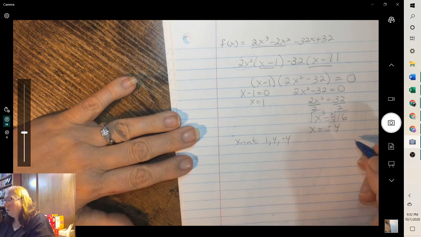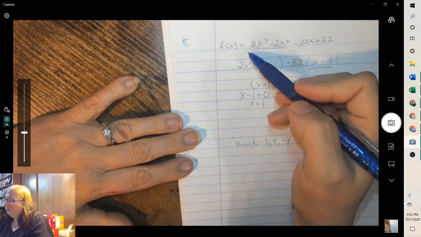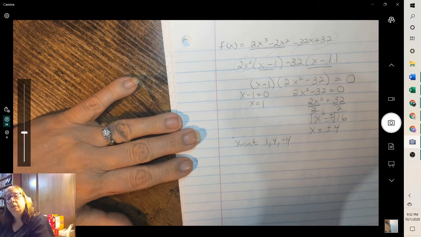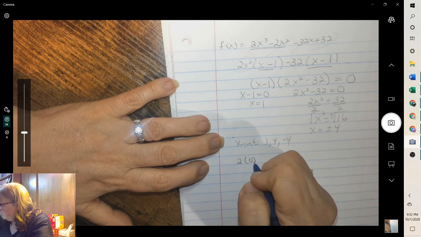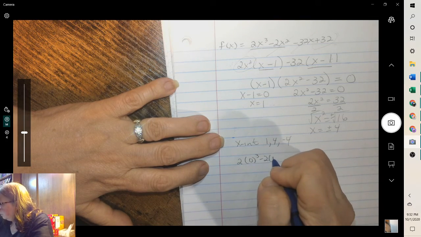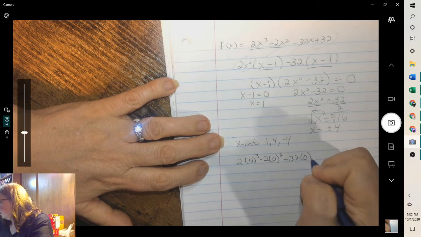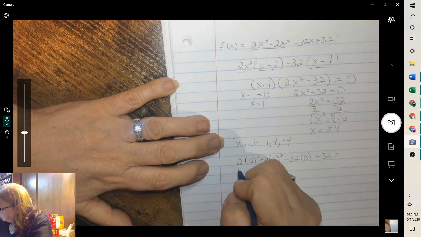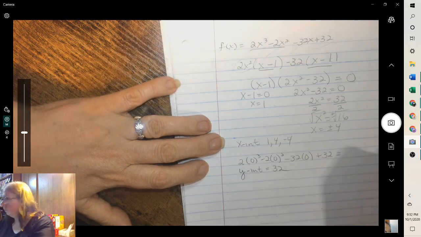To find the y, you're plugging in 0. When you have a polynomial, that drops out, that drops out, that drops out. You're left with the constant. But if we plug it in, 2 times 0 cubed minus 2 times 0 squared minus 32 times 0 plus 32 equals a y-intercept of 32.